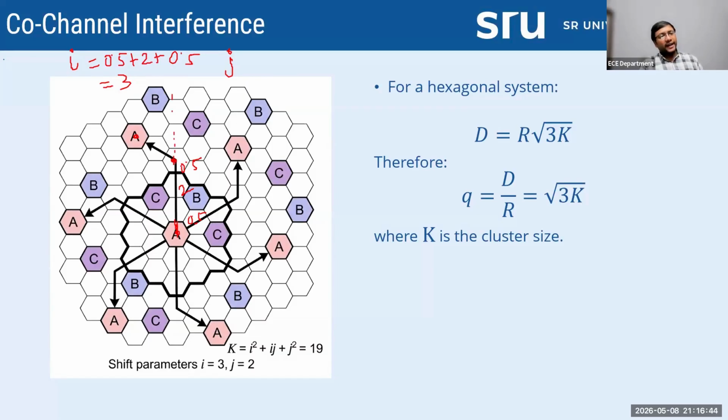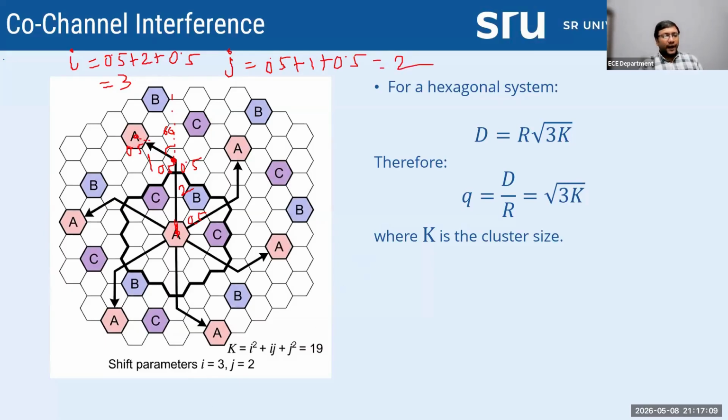Now after this point, I am bending by 60 degrees, because if this line goes straight like that, I won't get any co-channel cells here. So this 60 degrees I am getting, and then again from this point to this center, how many cells do I need to travel? So here the half cell 0.5, then 1 cell, and then again 0.5. So J is 0.5 plus 1 plus 0.5, that is equal to 2.